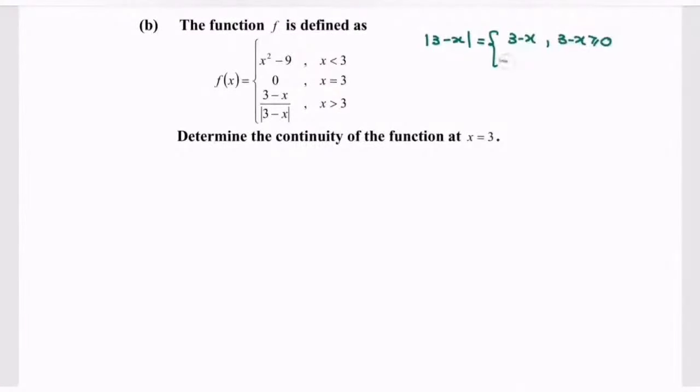Next, negative bracket 3 minus x, where we have the domain 3 minus x less than 0. So that is the definition for the modulus, or we can say the absolute value. So rewrite the situation: the modulus of 3 minus x is equal to 3 minus x, where we have the domain x less than or equal to 3.